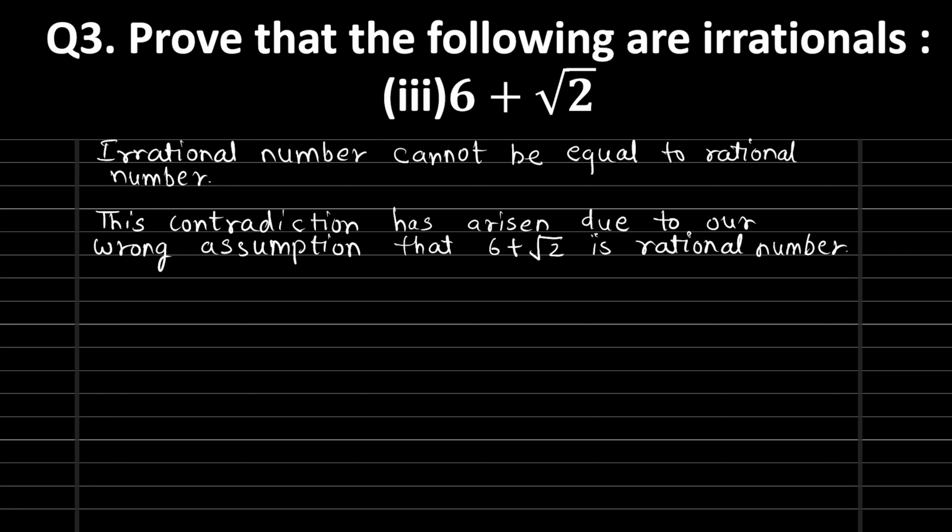So if this assumption is wrong, what is the other way around? Definitely 6 plus root 2 is an irrational number.